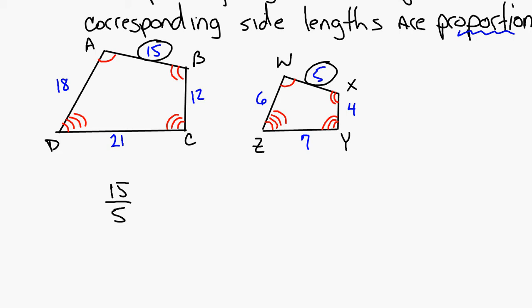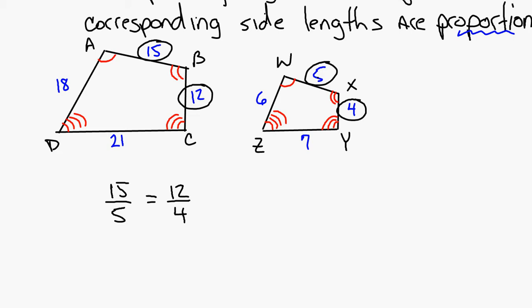Is that equal to 12 to 4? Are those two ratios equal to each other? Well, what's 15 divided by 5? 3. And what's 12 divided by 4? It's 3 as well. So these sides are proportional.